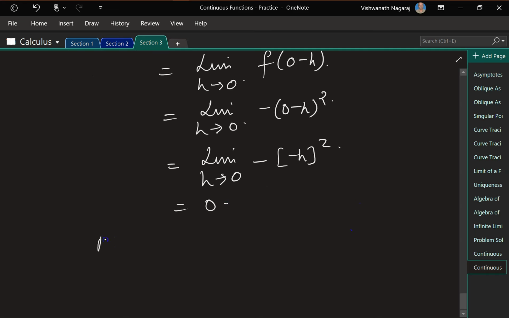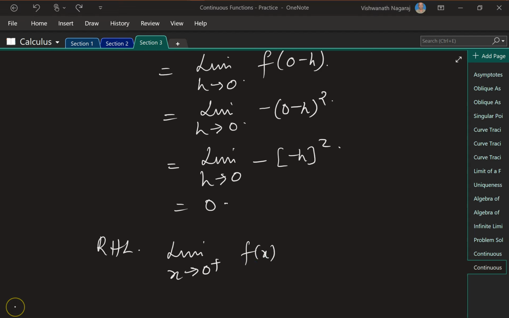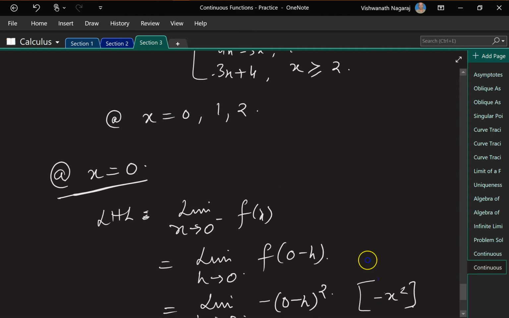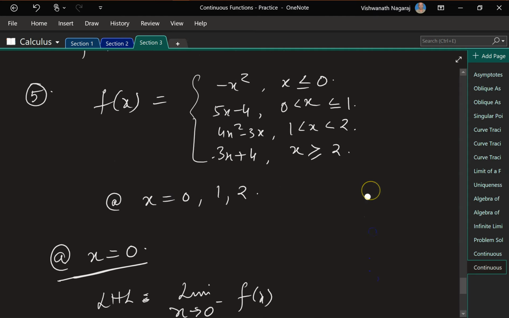Now what about RHL? Again, limit as x approaches 0 from the positive side or the right hand side of f of x. Okay, so here remember, we took minus x square. Why? Because we are talking of left hand limit at x equal to 0.